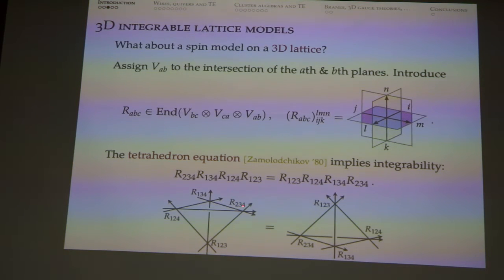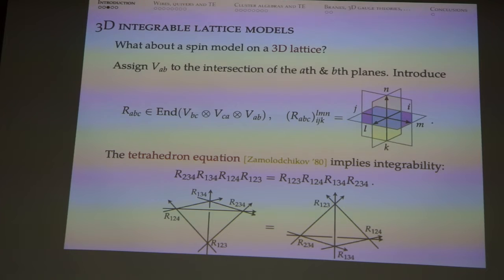Okay, and you can take one of these 4 planes, let's say this plane here. So there's a plane in the horizontal direction. Okay, you can pull it down, until you obtain this new configuration of 4 planes. Okay. So the vector spaces of the tetrahedron equation are, there are 6 of them.